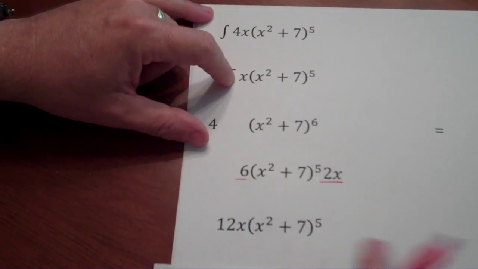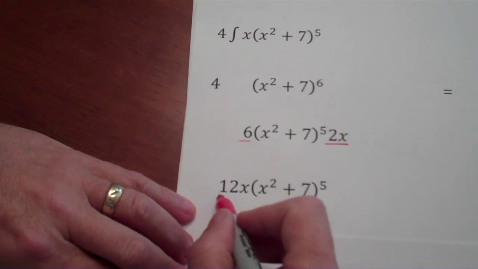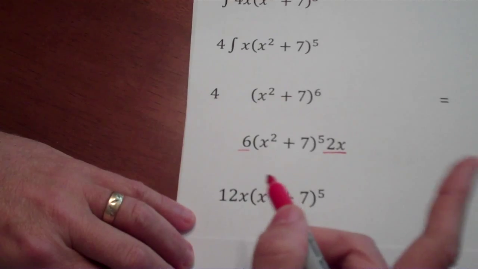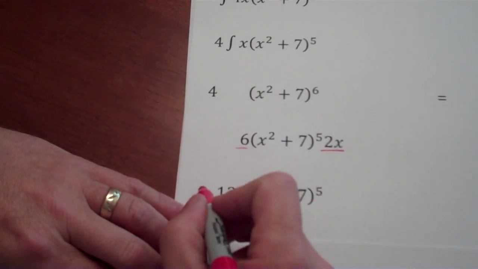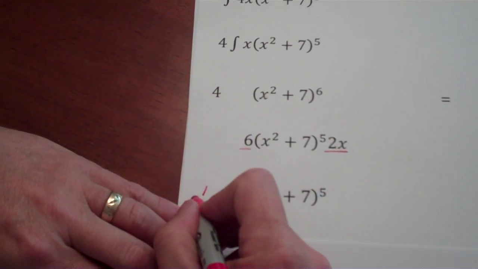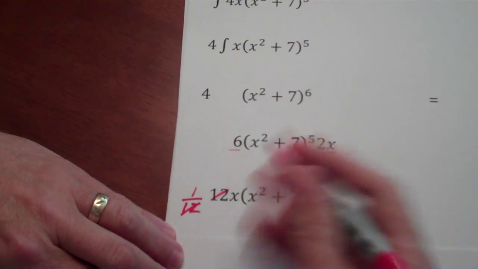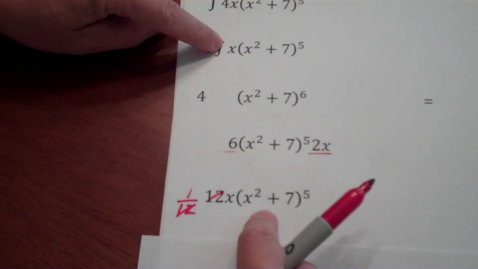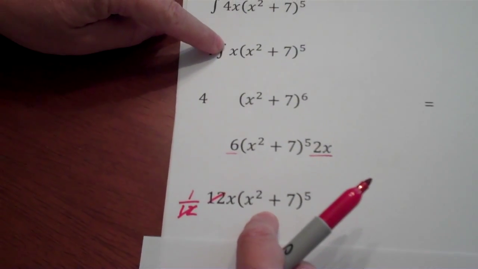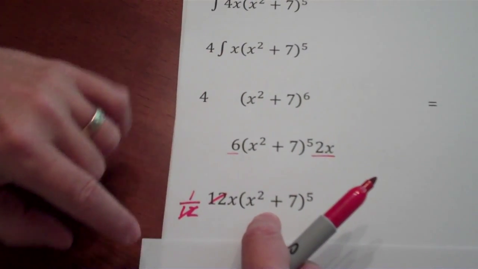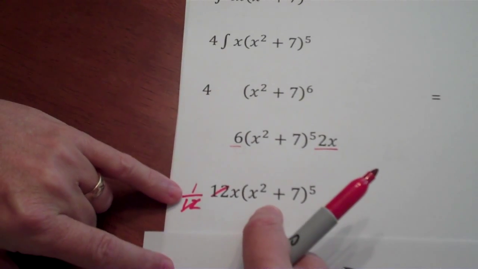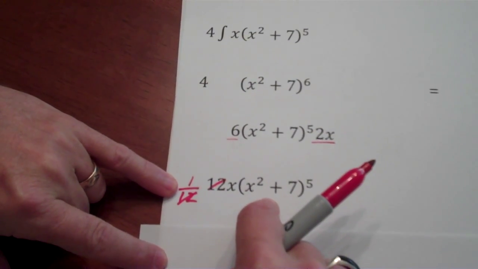Well, what I'm going to do here, frankly, is just simply divide by 12. Or, if you prefer, I could just multiply by 1/12. And now that 12 would cancel, and this would match perfectly the way it's supposed to. But I can't just throw in a 1/12 at the end of the problem because it's convenient to do so.